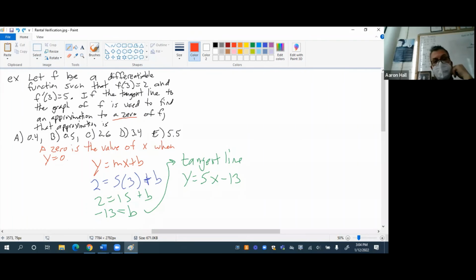Plug in y equals 0. So I have 0 equals 5x minus 13. And then? 13 equals 5x, so 13 over 5. So x equals 13 over 5. Nice work.